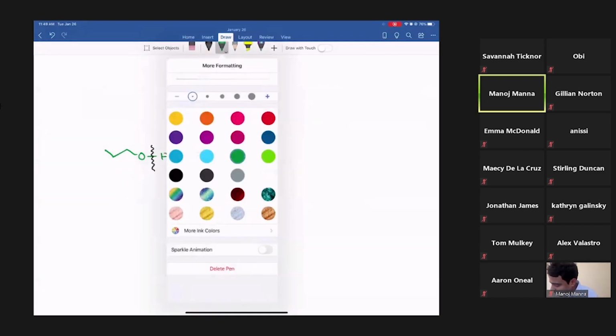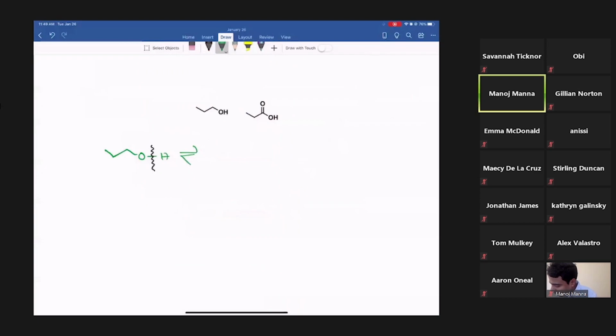I get O minus plus H plus. Agree? So this is the acid and this is the conjugate base.